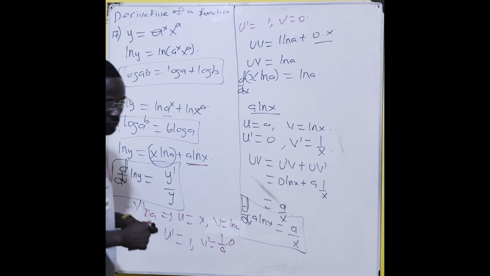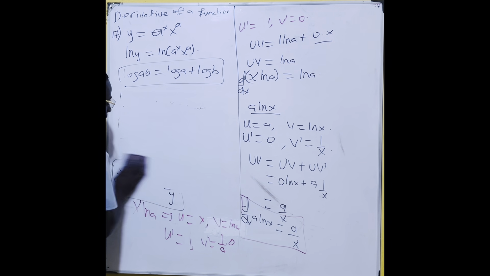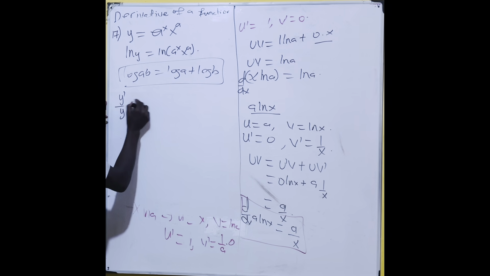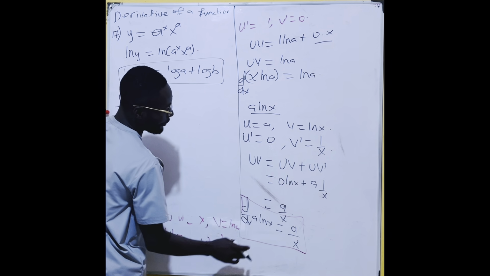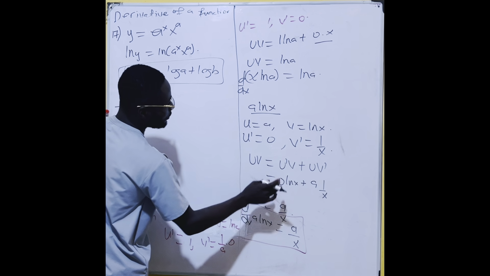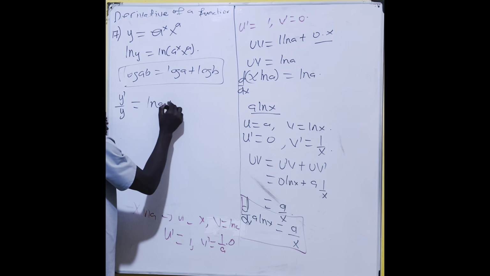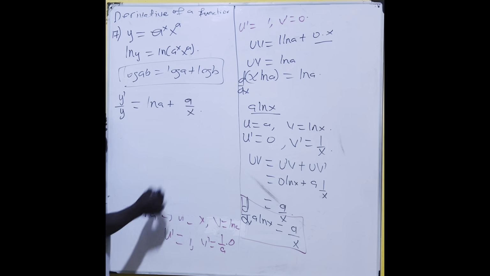Let's combine the two. So we are going to say that y prime over y is equal to the first term we had, this, right? ln a, plus the second term we had, a over x, right?